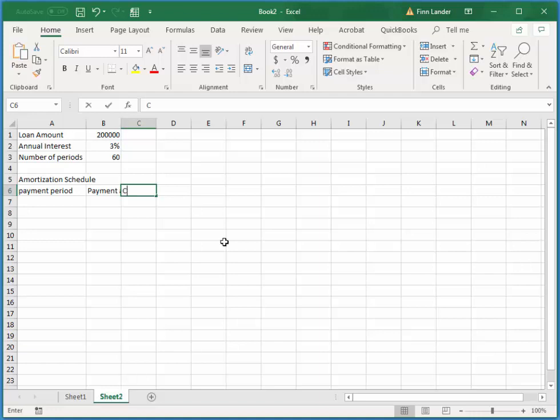How much we've paid so far, this is the actual payments we've made, so cumulative payments. And the interest per period again, we'll just say int for interest. And then cumulative interest, so how much interest we've paid so far.